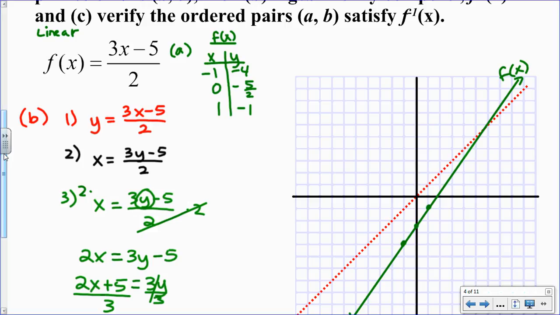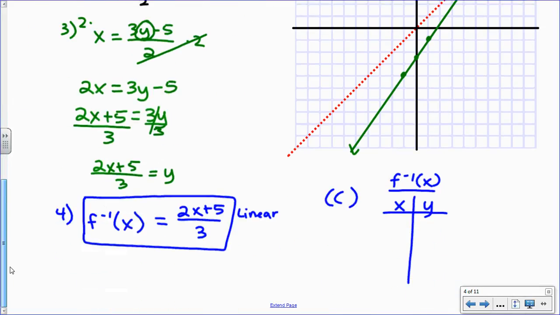I'm verifying that when I do that, I get these original x values. So -4, -5/2, and -1. Plug those in. In your calculator, if it's easier for you to plug in -2.5 instead of -5/2, that's fine. You're plugging it into f inverse of x.